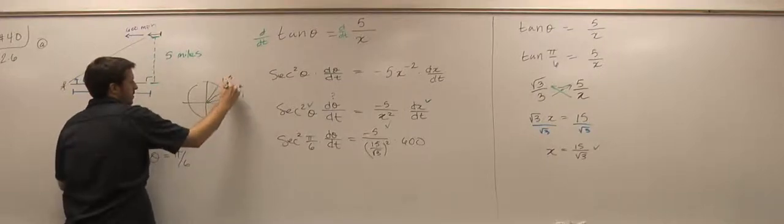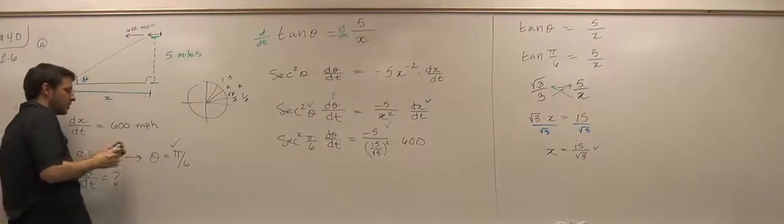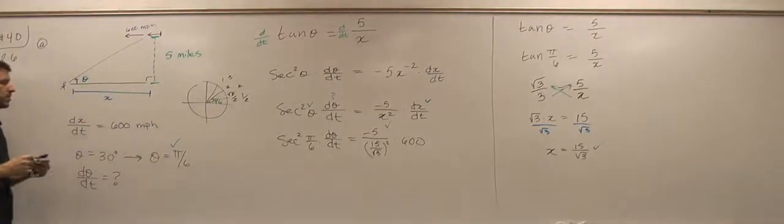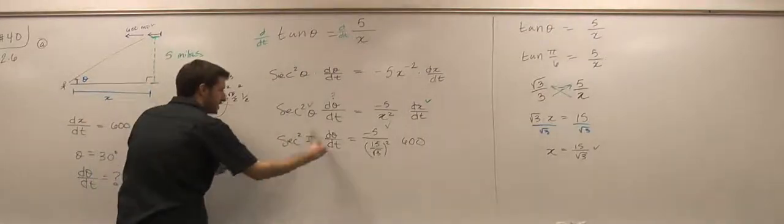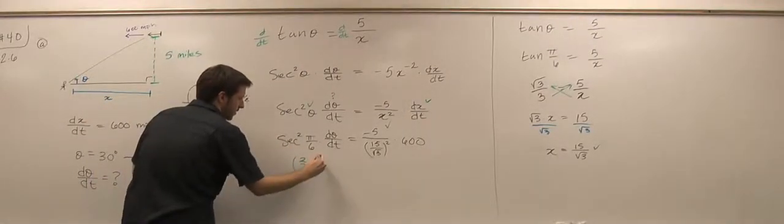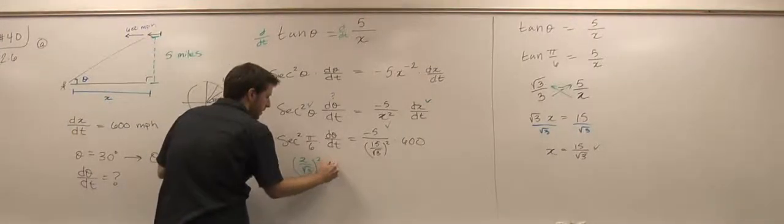So cosine at pi over 6 is root 3 over 2. So secant is the reciprocal, it's 2 over root 3. So this guy is going to become 2 over root 3 squared. d theta/dt, I'll solve for eventually.